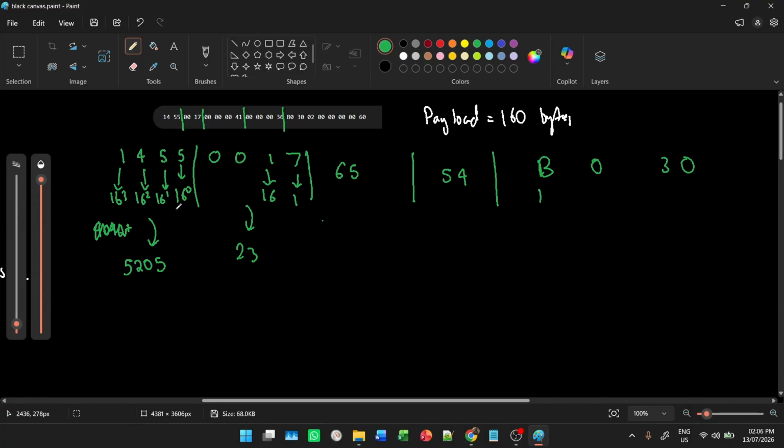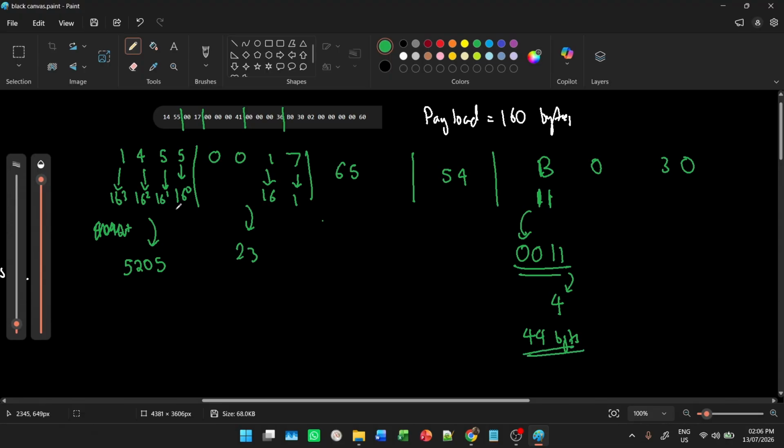So B is, I believe, 11. 11 in binary is 0011, right? And no need to convert it, you can just simply multiply it by 4 to get 44 bytes.